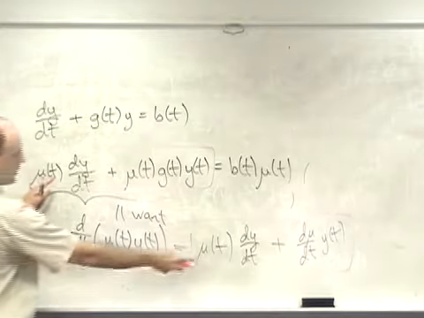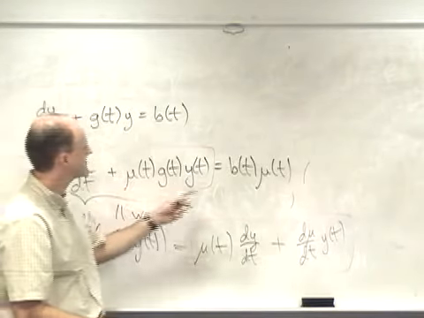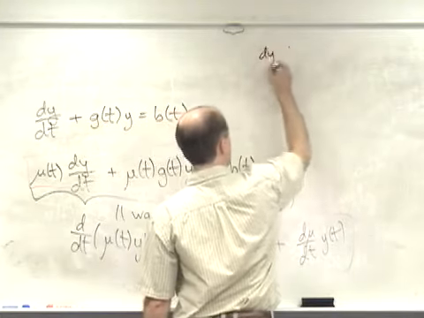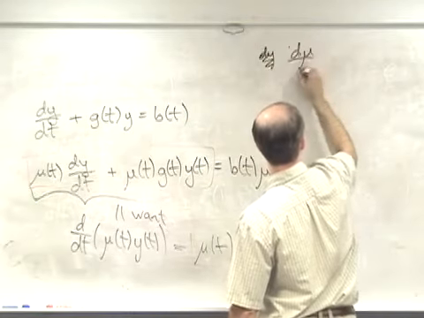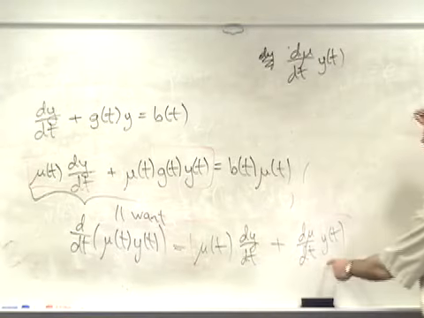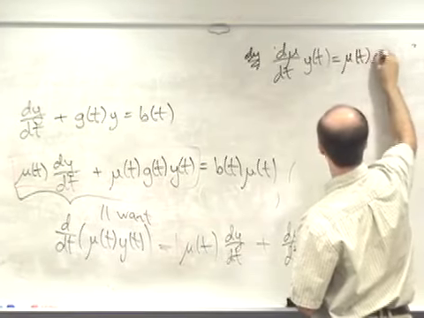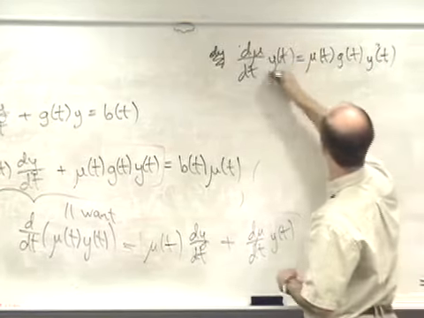Well, the first terms are already equal. So now we just require that the second terms be equal. d mu dt times y of t, that's the second term down here, needs to be equal to mu of t, g of t, y of t. Cancel the y of t's.